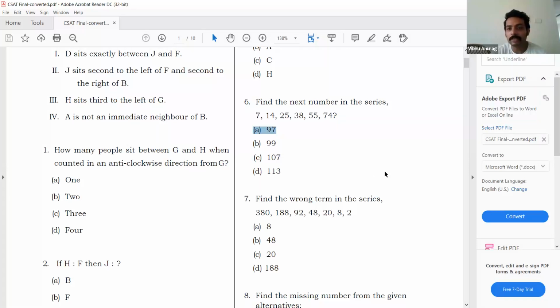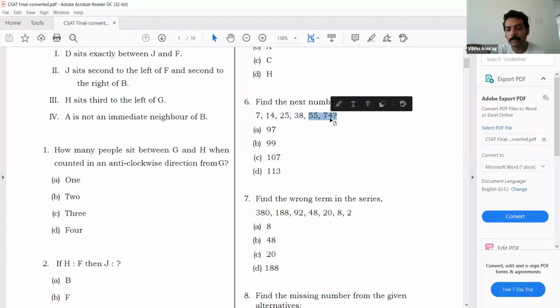7th one we haven't reached yet. 6th one. So the gaps between the numbers are increasing prime numbers. See the gap between 7 and 14 is 7. The gap between 14 and 25 is 11. 7, 11. Then 13, 17, 19.